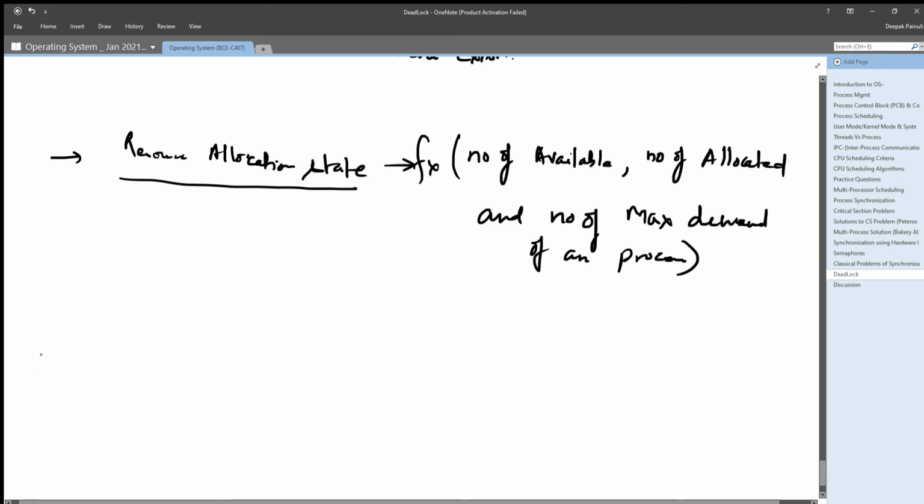So let us write the requirements of deadlock avoidance.